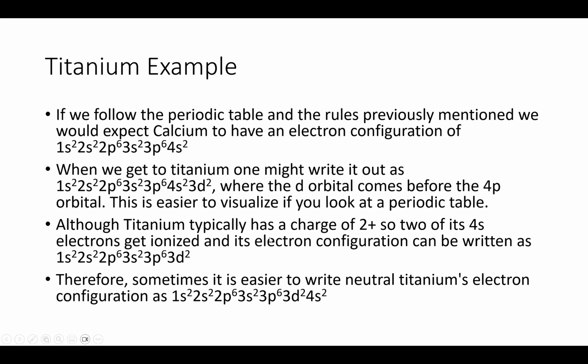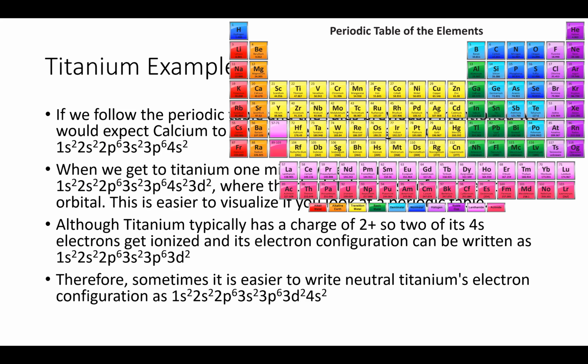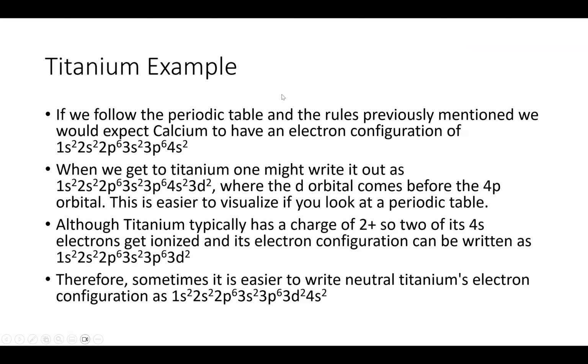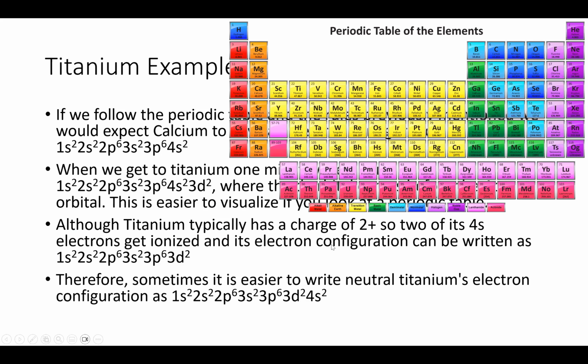And when we get to titanium, one might write it out as this configuration here with 3d2, where the d orbital comes after the 4s orbital. This is easier to visualize if you look at the periodic table. I always like to just count the rows and then consider that this counts as number 3 here.